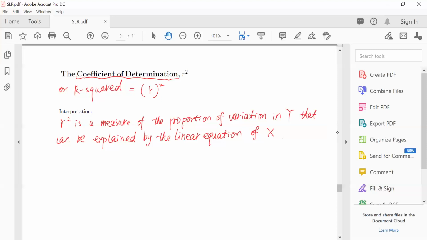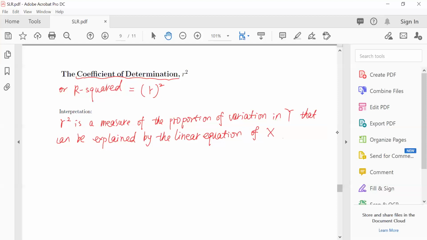So the changes in the blood alcohol count could be explained by 2 parts. One part is the relationship between the number of beers you have drunk and the BAC.